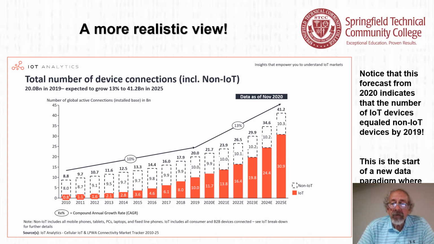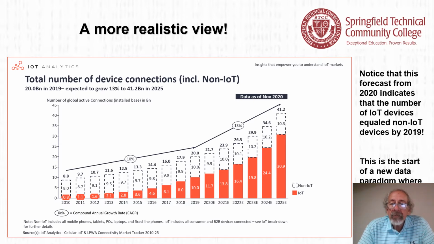A more realistic view. So here's from my friends at IoT Analytics, total number of device connections. So this little slide shows again, starting in 2010, that there were 8.8 billion devices connected to the Internet. 8 billion of them were the common things like mobile phones, tablets, PCs, laptops, and so forth, where 0.8 of a billion, or 800 million, were IoT.